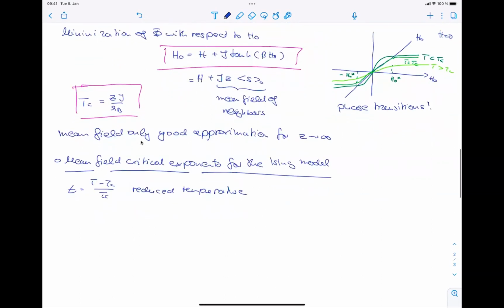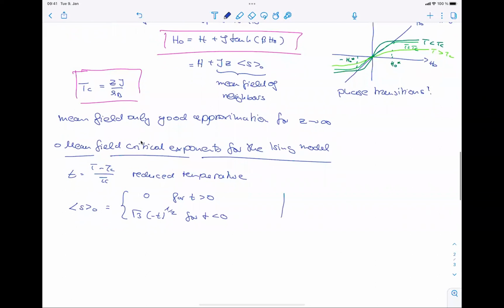And here we find that the mean magnetization of a spin is given by either 0 for t larger than 0, so above the critical temperature, or square root of minus t to the power of half for t smaller than 0. So graphically speaking, the magnetization looks like this.